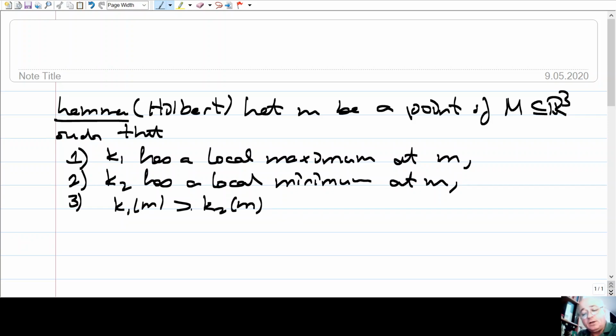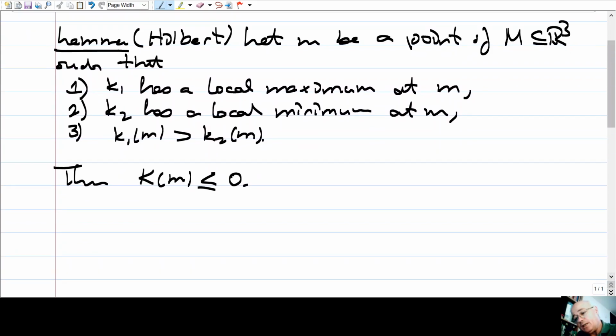K1 is larger than or equal to K2 always by the choice, but this time we want strict inequality. Then the conclusion is that the Gaussian curvature at M is non-positive. So that was the content of Hilbert's lemma.